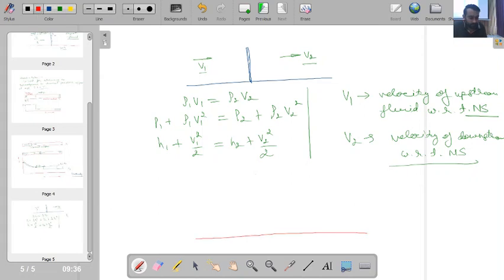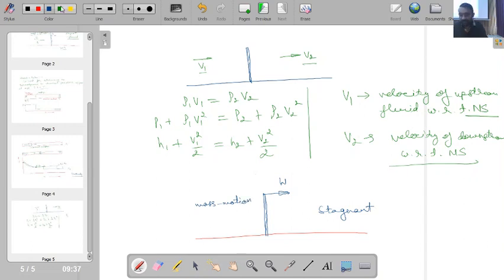Now what I want to do is consider that once again I will have a shock wave, but now this shock wave is not stationary. It is moving with some velocity W. Fluid ahead of it is stagnant and fluid behind it is having mass motion.